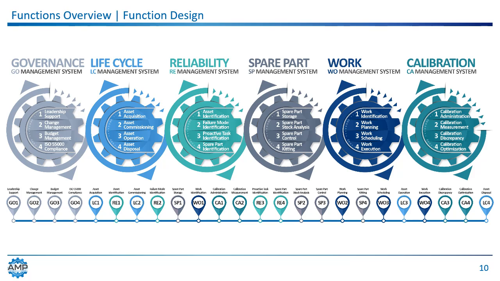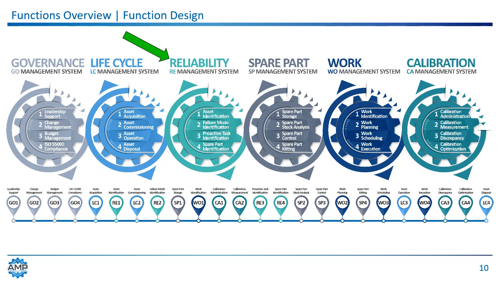The 4 functions associated with the RE management system are asset identification, failure mode identification, proactive task identification, and spare part identification.